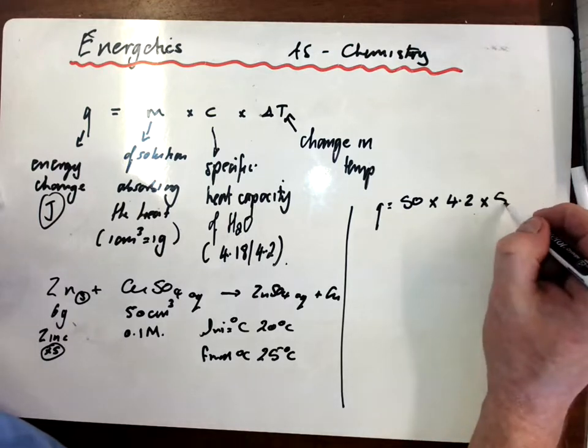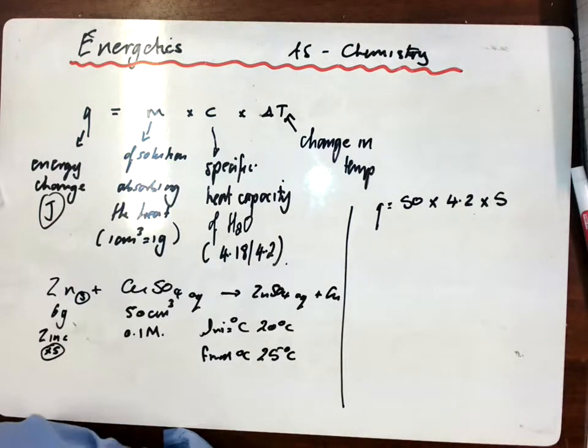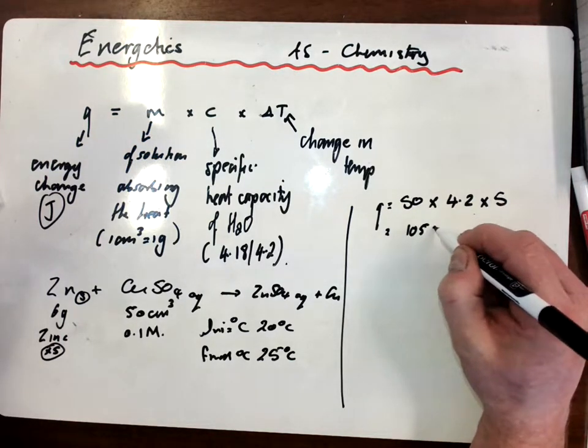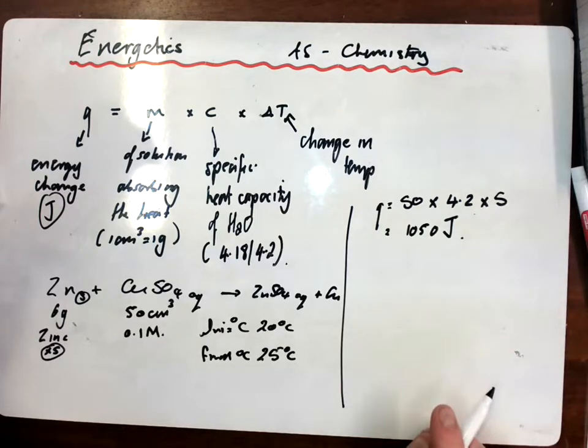So that would be a delta T, of course, of 5 degrees Celsius. So our Q is 1050, and remember that is in joules.